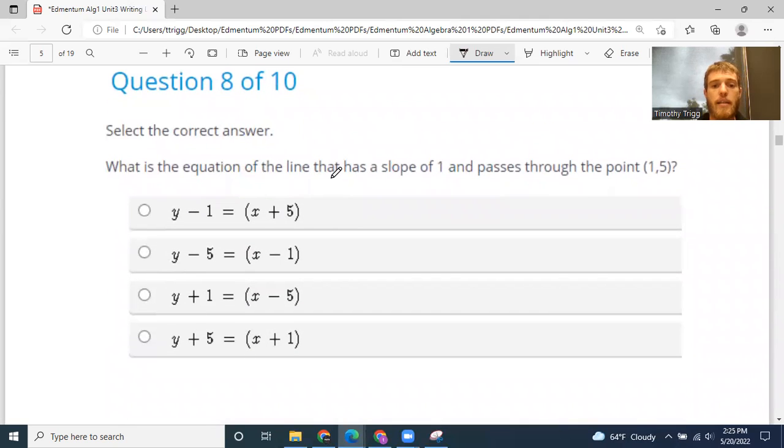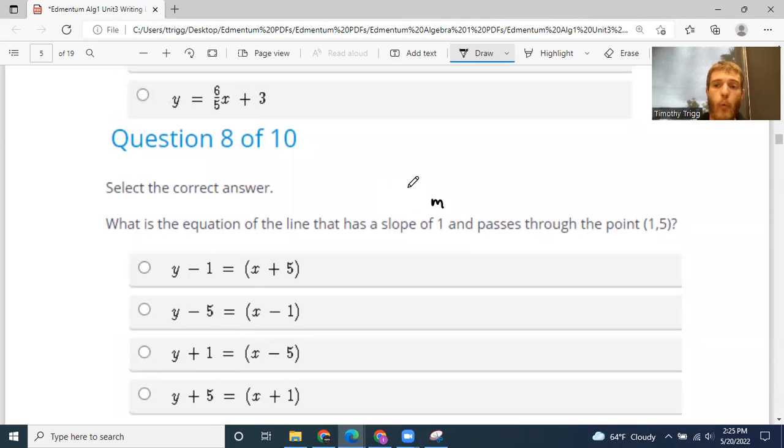Was the equation a line that has a slope of 1? So our m is 1 and passes through the point 1, 5. So here, all my answers are in the point slope form. So just to remind you, the point slope form is y minus the y coordinate equals the slope times x minus the x coordinate.